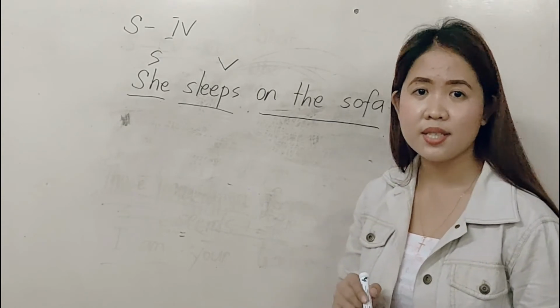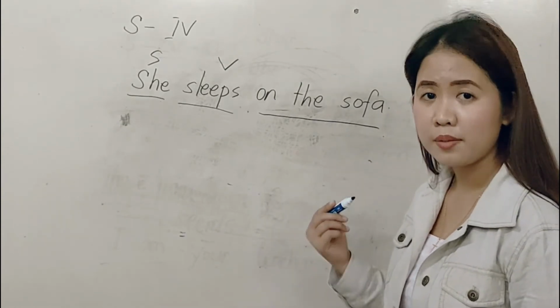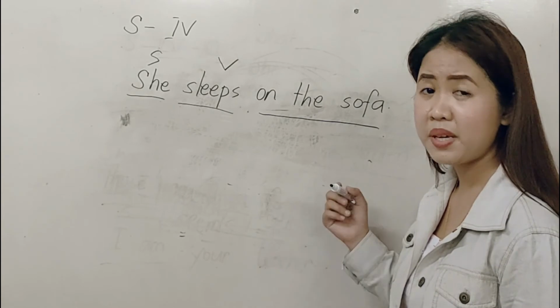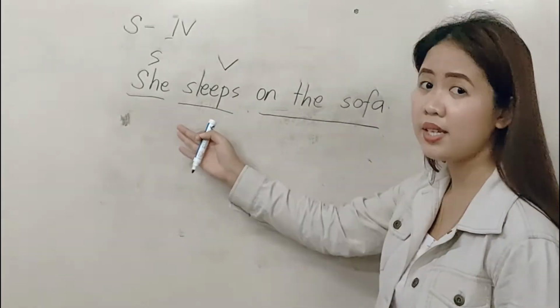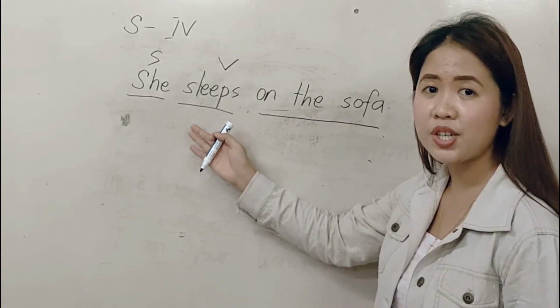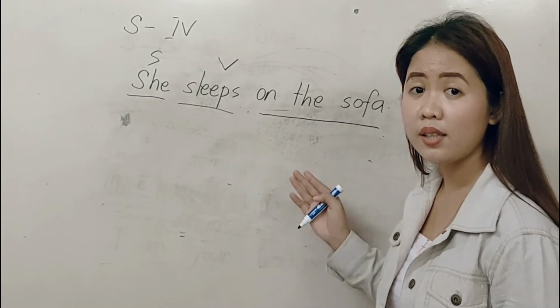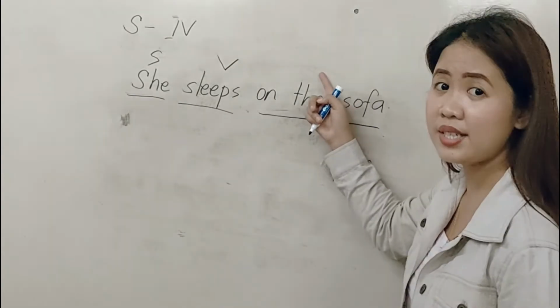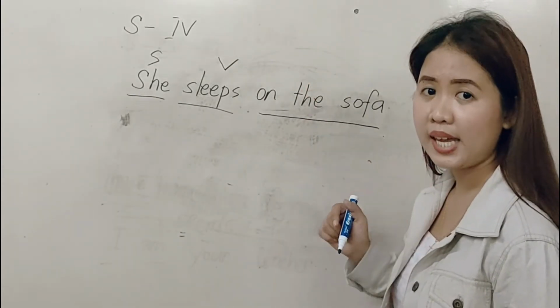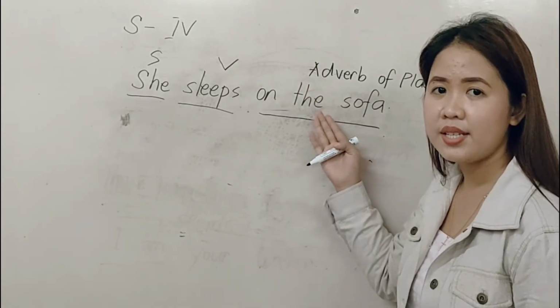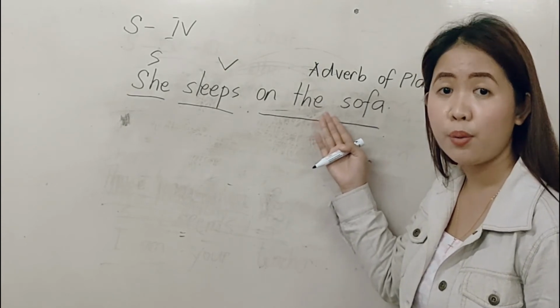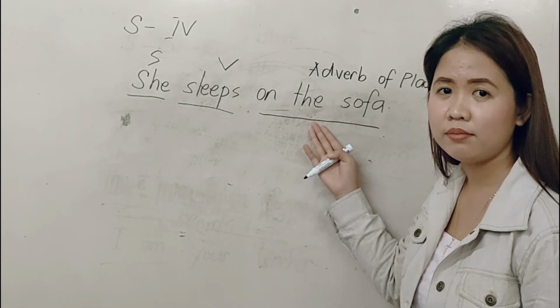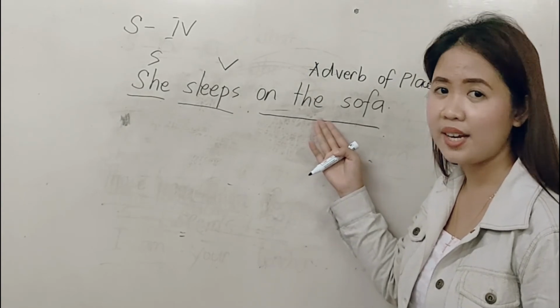As you have noticed, an adverb of place is being added in the sentence to tell us where she sleeps. Saan nga ba siya natutulog? On the sofa. And this is an adverb of place. Since this is an adverb of place and answers the question where, saan, it is not a direct object.